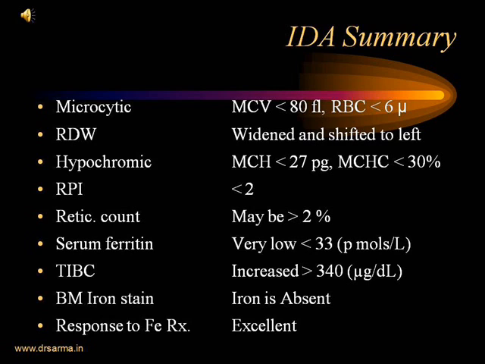Serum ferritin is very low, less than 33 picomoles per liter. Total iron binding capacity is increased, more than 340 micrograms per deciliter. If we do a bone marrow iron stain, the Pearl stain, bone marrow iron will be absent. Response to iron treatment will be excellent. This is in a nutshell how iron deficiency anemia looks like in the blood picture.